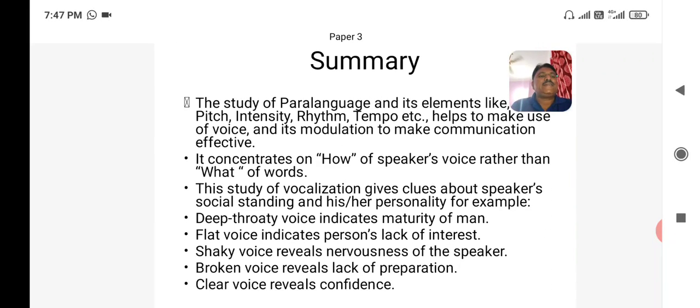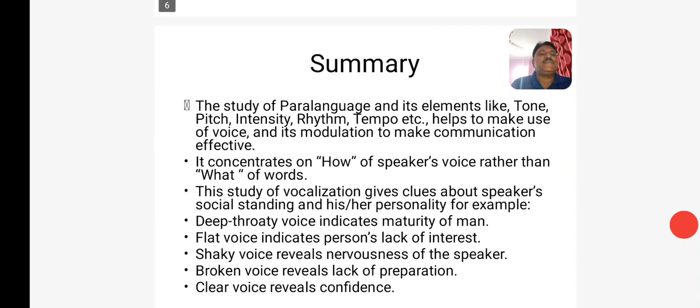So, let us summarize today's class. Today we have discussed the study of paralanguage and its elements like tone, pitch, intensity, rhythm, tempo, etc. They help to make use of voice and modulation to make communication effective. It concentrates on the how of the speaker's voice rather than the what of words.